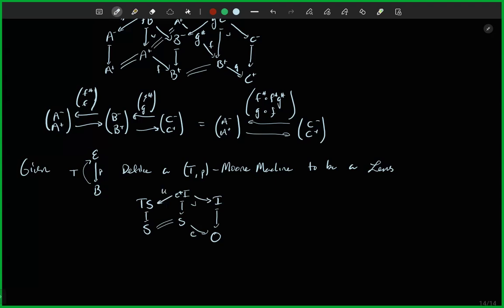And that's our general notion of dynamical system in this so-called doctrine of dynamical systems.